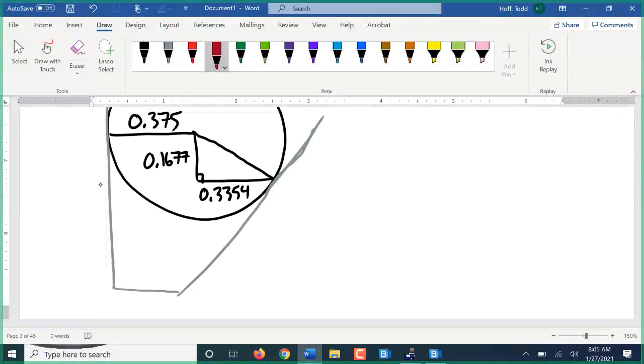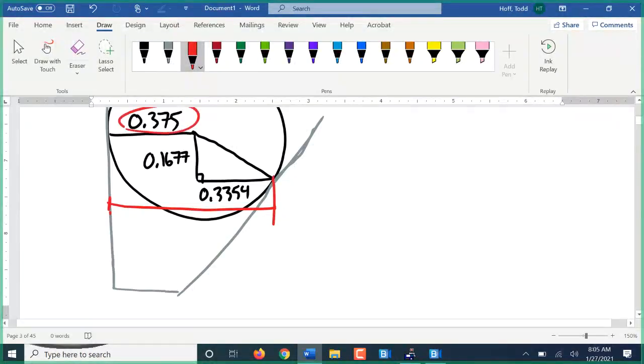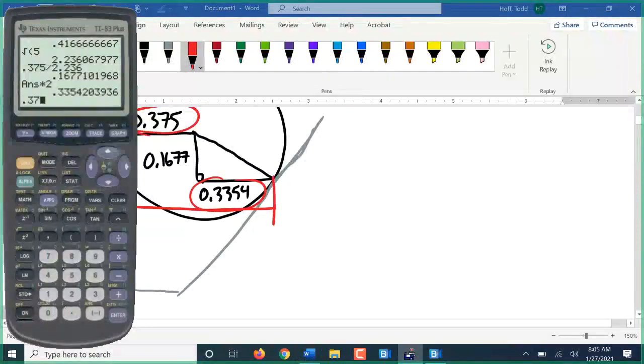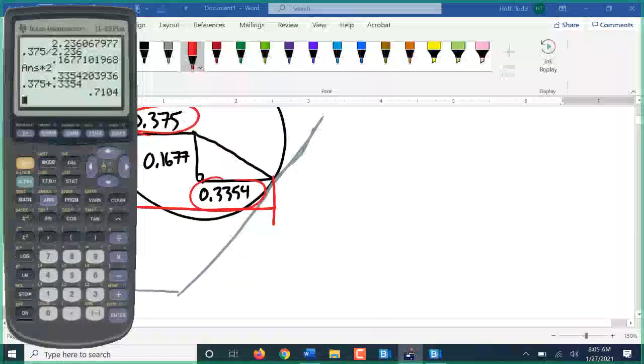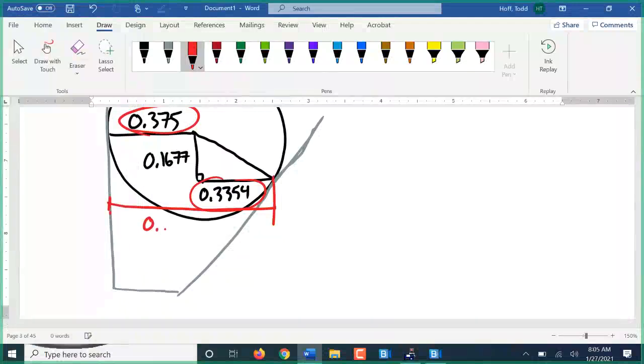One is the distance from here, that point of intersection, 0.375 plus 0.3354, is 0.7104. That distance to the point of intersection.